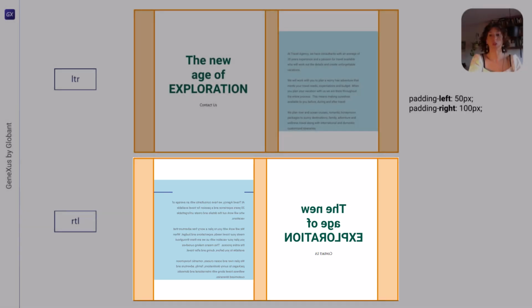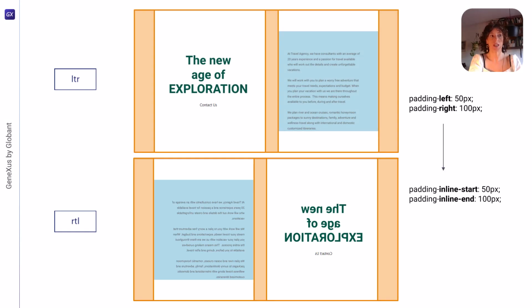We need to use logical references. That is to say, the padding in the direction of the flow, in line, with respect to the beginning, to be 50, and the padding in the direction of the flow, in line, with respect to the end of the element, to be 100.